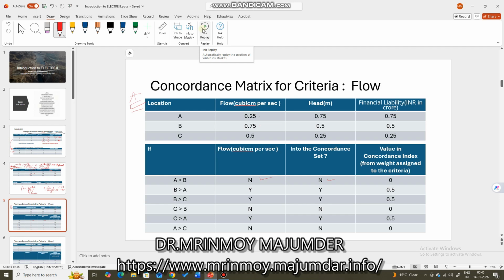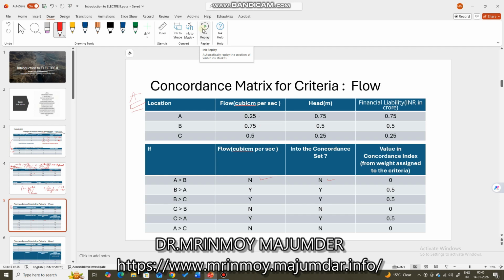Okay, so A has not outranked B, or rather A is not greater than B. So for flow it is no. So it doesn't come into the concordance set and doesn't go into the concordance index.